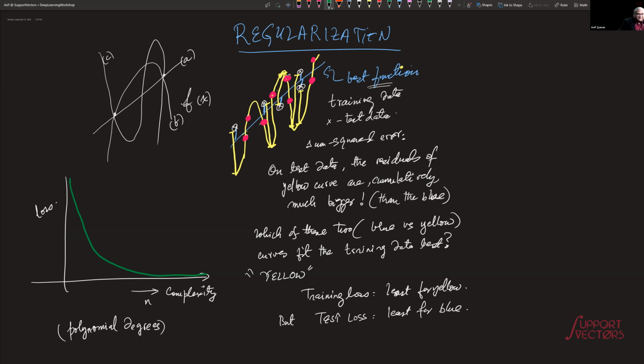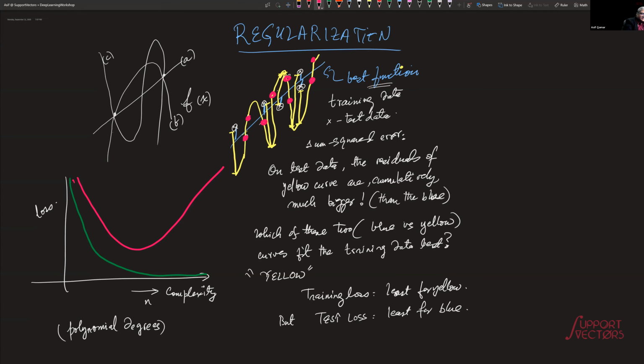On the other hand, if you look at your test loss, and let me use red for test, you will observe something very interesting. It tends to go like this.